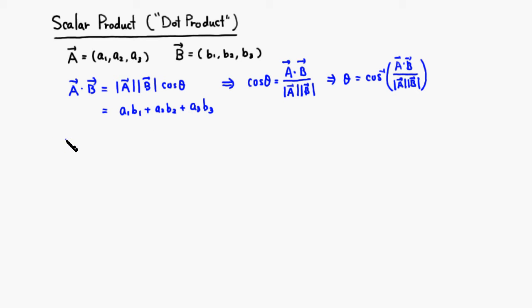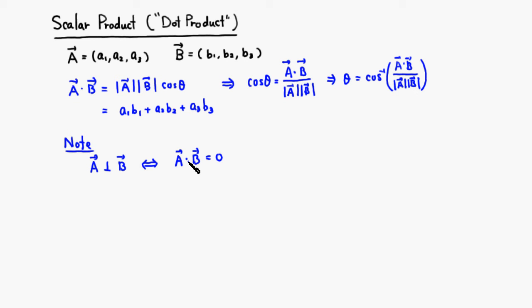So here's a note that vector A is perpendicular to vector B if and only if the dot product is equal to 0, right? Assuming that these are non-zero vectors, right?